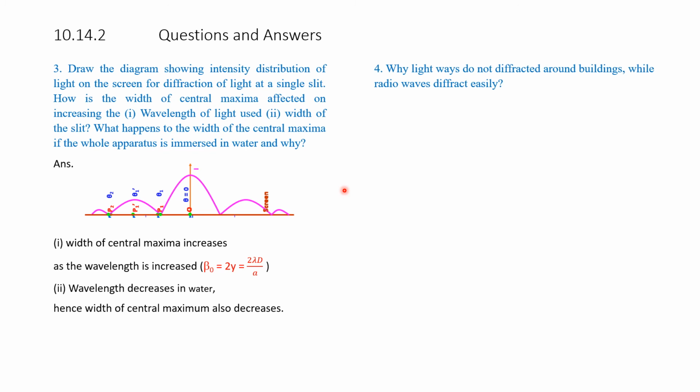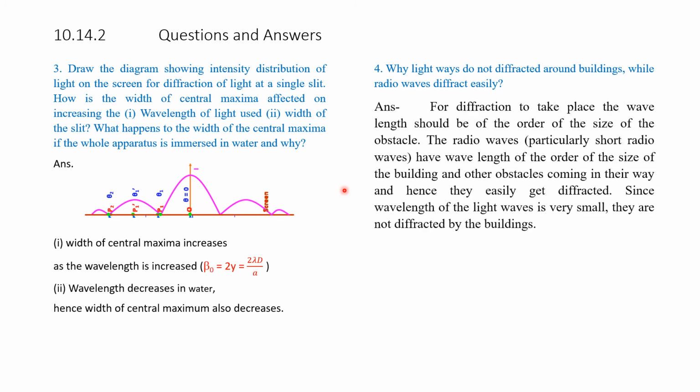Question number 4. Why do light waves not diffract around buildings while radio waves do? This is a very simple question. Light rays are not getting diffracted while radio waves diffract easily. Why is it happening like that? One fundamental requirement of diffraction is that the wavelength of the incident wave should be of the order of the size of the slit or obstacle.